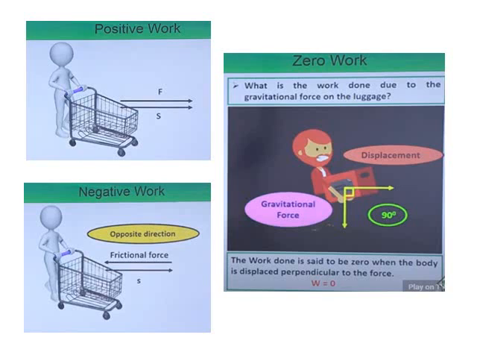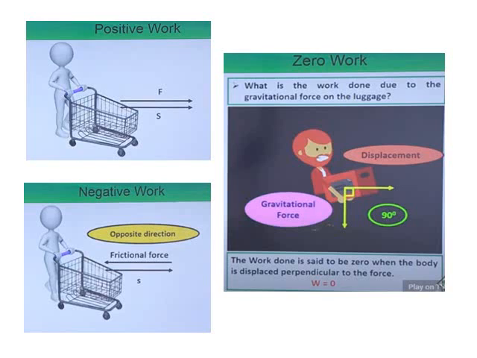Now look at the same trolley here in the second picture. The man pushes the trolley forward, therefore the direction of the displacement is in the forward direction. When the trolley moves forward, the wheels of the trolley, which are in contact with the floor, exert frictional force. And you all know that the frictional force is in a direction opposite to the direction of the movement.